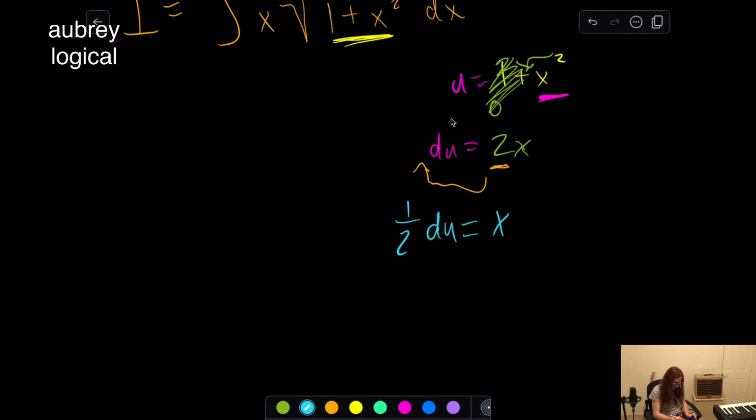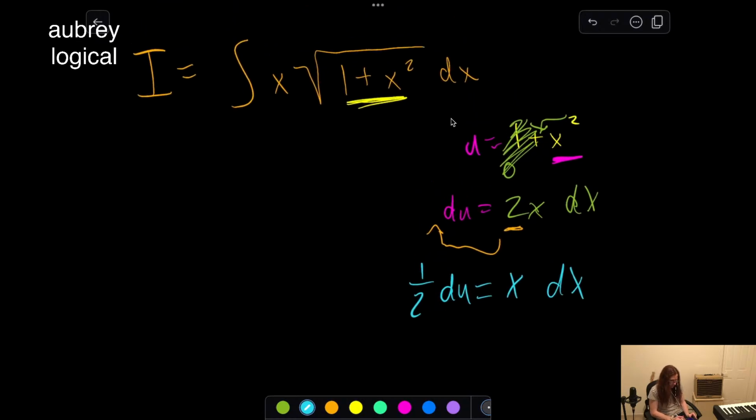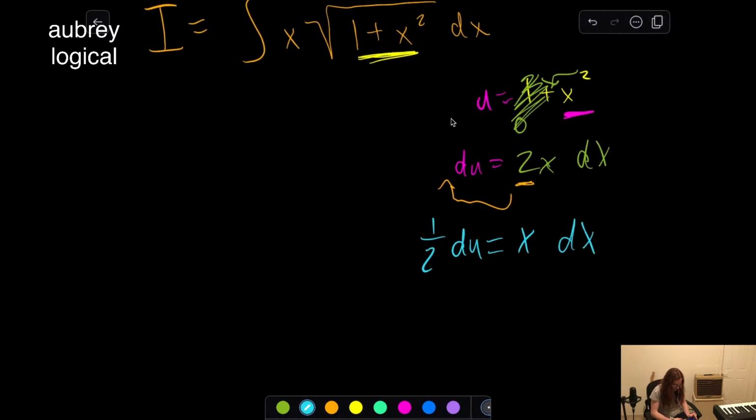I almost forgot a really important part. The derivative also contains a dx variable. This is what we're left with after we find the derivative and solve for x dx, which is 1/2 du.